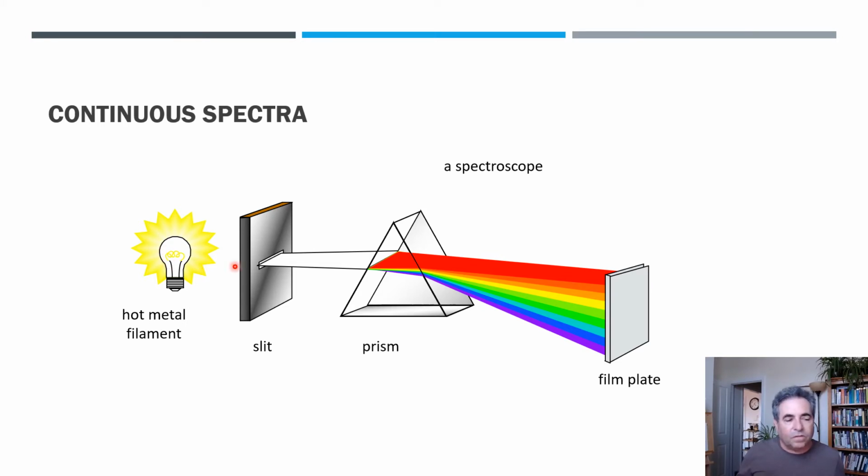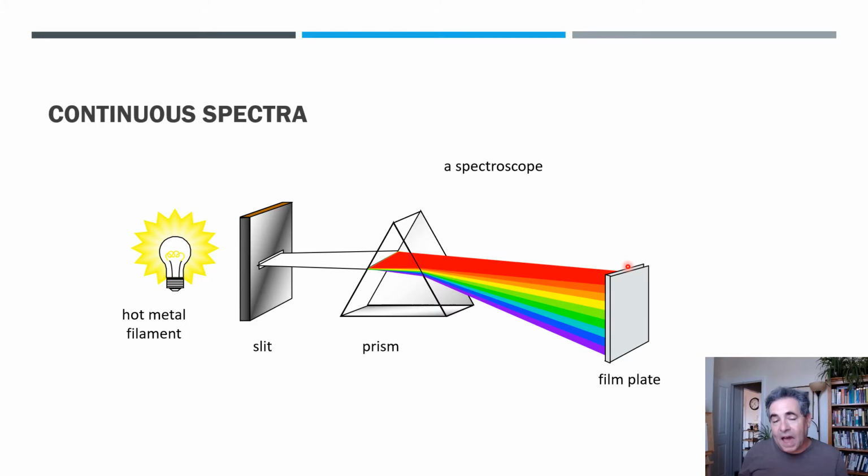I am going to focus the light that's coming in using a slit. So I have a block here with a little slot cut through it, and that's going to give me a very narrow beam of light. And then I'm going to hit some kind of a device that bends different wavelengths of light at different angles. Now, a prism is one way to do that.